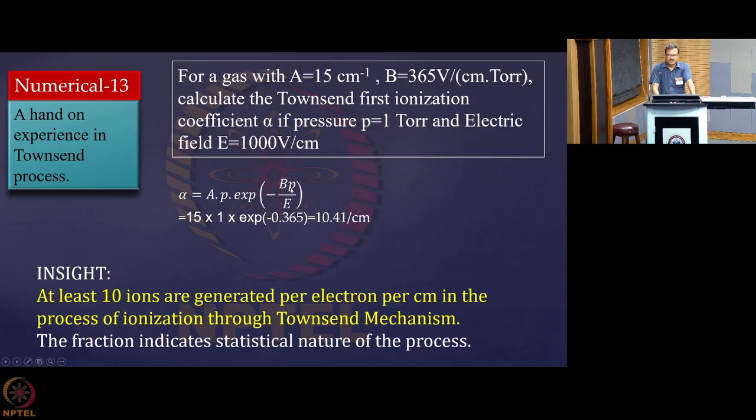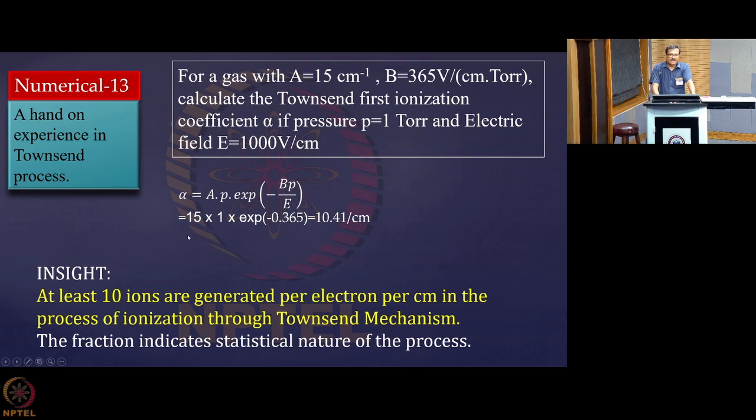P is in torr, so the torr will cancel, and the numerator is in volt per centimeter, which is just the unit of the electric field. So they cancel and you get a dimensionless quantity within the argument.